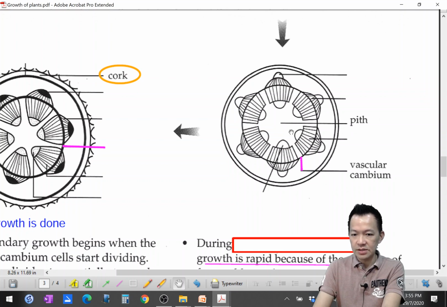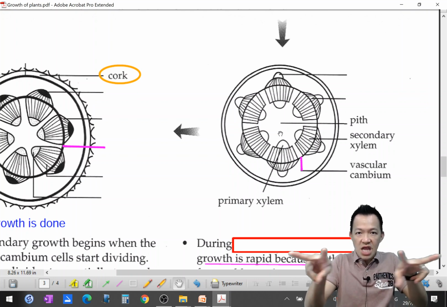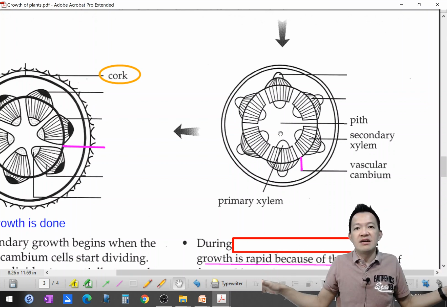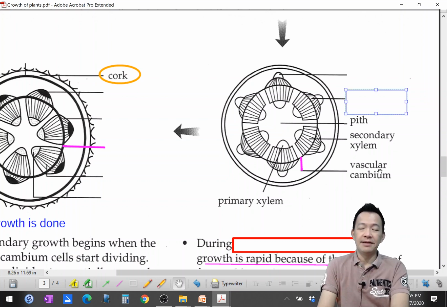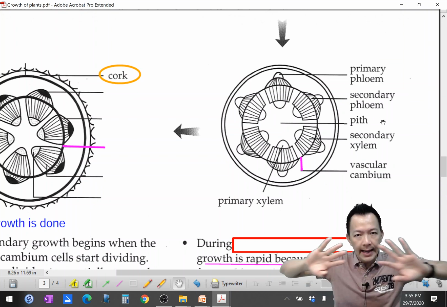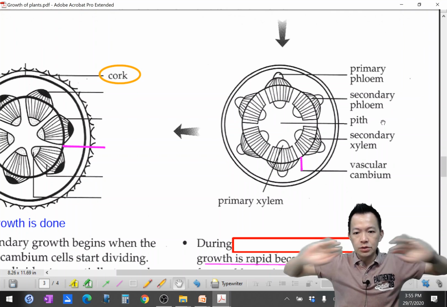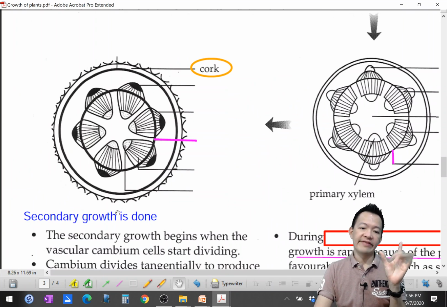The new layer of tissue, the secondary xylem, pushes the primary xylem tissue inwards, pushing the old inside, getting thicker and thicker, denser and harder. Another new layer of tissue pushes the old tissue upwards. This layer is the secondary phloem tissue, pushing the primary phloem tissue outside.